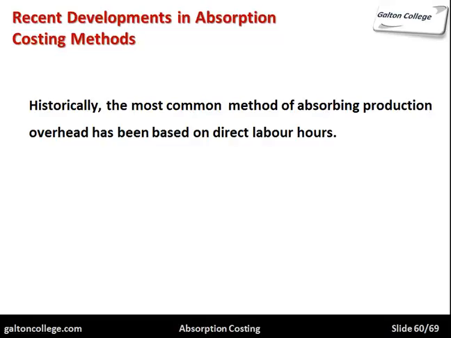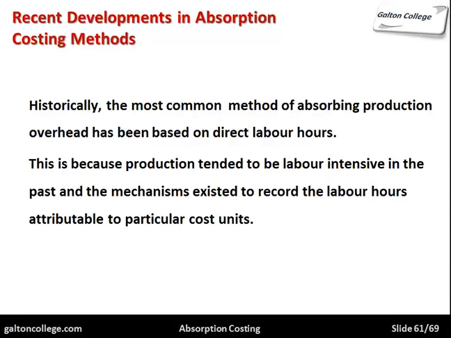It was a very popular way of apportioning overheads. This is because production tended to be labour intensive in the past, and the mechanisms existed to record labour hours attributable to particular unit costs.